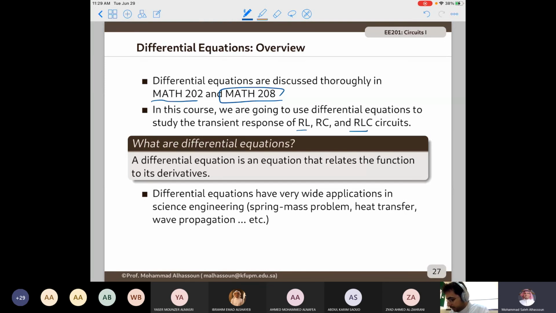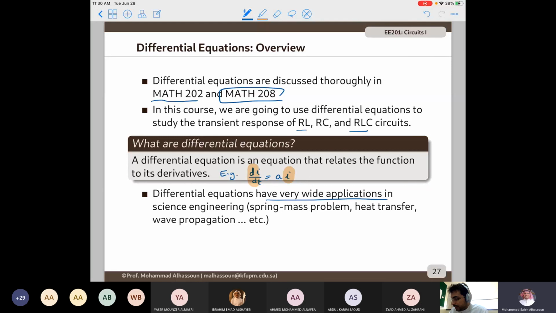An example of this is if you have di by dt equals a multiplied by i. So this is an example of a differential equation. You have a function which is i, and it's related to its derivative, which is di by dt.